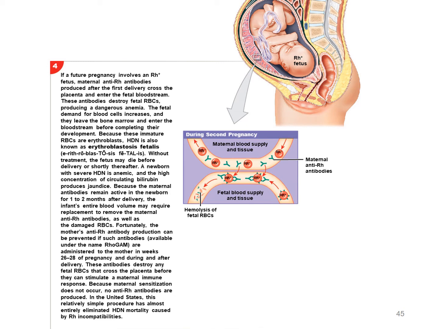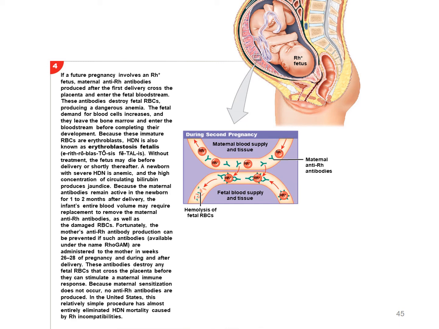So what you can see here is if the maternal anti-Rh antibodies produced after the first delivery cross the placenta and enter the fetal bloodstream, those antibodies can destroy the fetal red blood cells, producing a dangerous anemia. So the fetal demand for blood cells will increase.